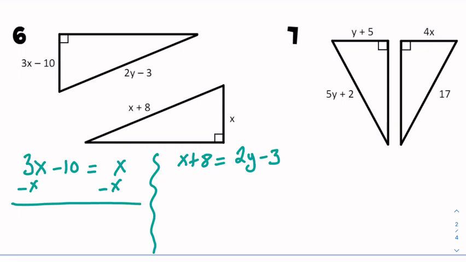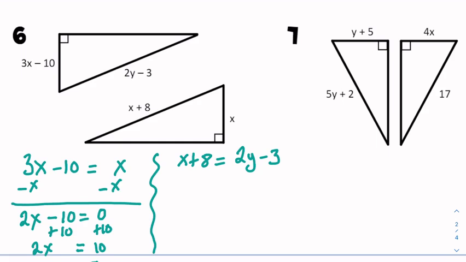That way I still have a positive number after I subtract, because 3x minus 1x is 2x. I'm going to bring down my minus 10, and x minus x is 0. From there, I'm going to add 10 to both sides. I'm left with 2x equals 10. I'm going to divide both sides by 2, and I'm left with x equals 5.